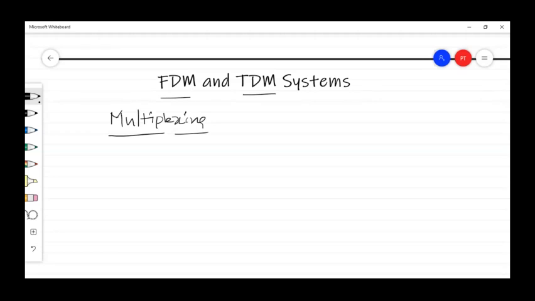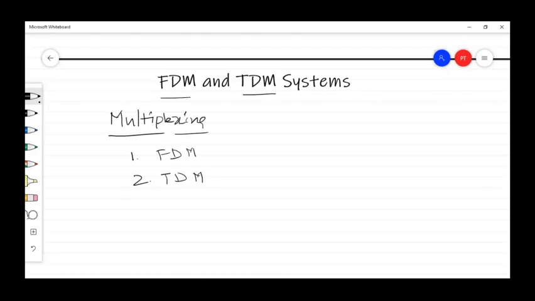So multiplexing means sending a number of message or information bearing signals on a common single channel or single carrier. Now there are two techniques. One is FDM and the other is TDM.